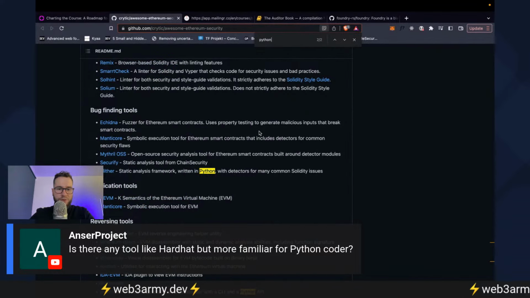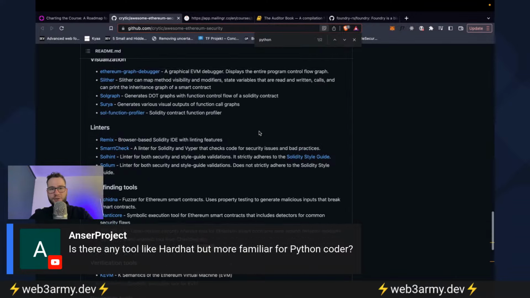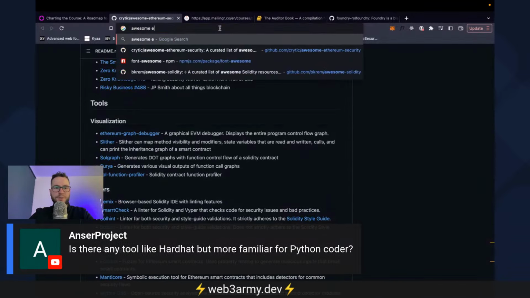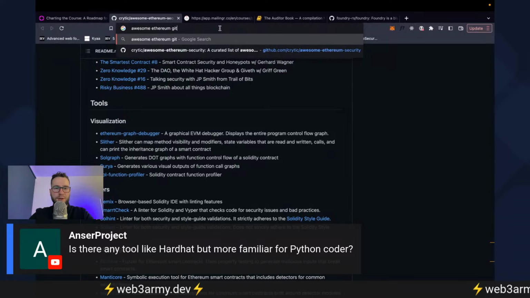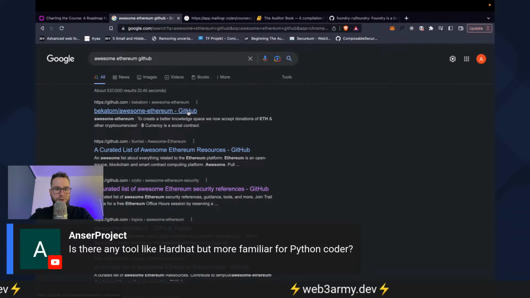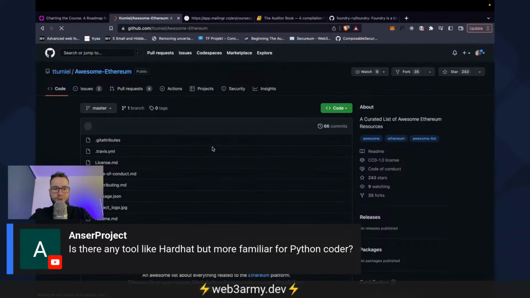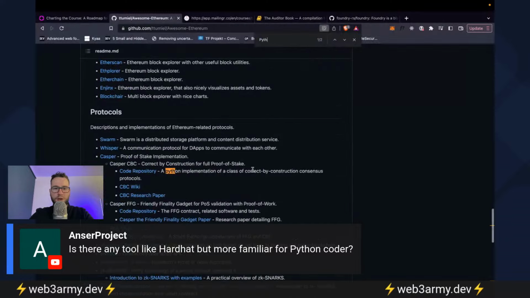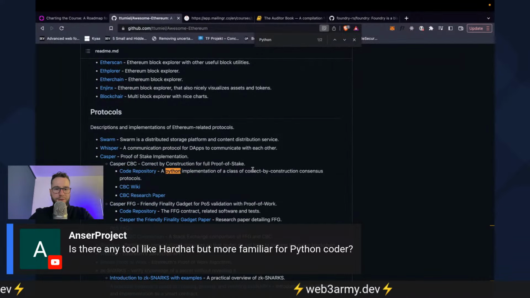Yeah, to be honest, I'm not really familiar with Python, so maybe let's check on some Ethereum GitHub. There was some repository with some Ethereum resources, and let's maybe try here, Python.